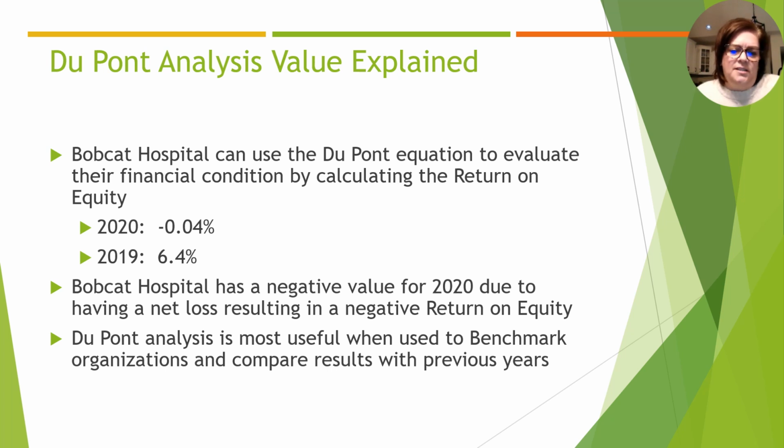So when you're looking at these numbers, they really just look like numbers. Obviously, we can see from 2019 to 2020 that the numbers are changing and going to a negative side for the next year.